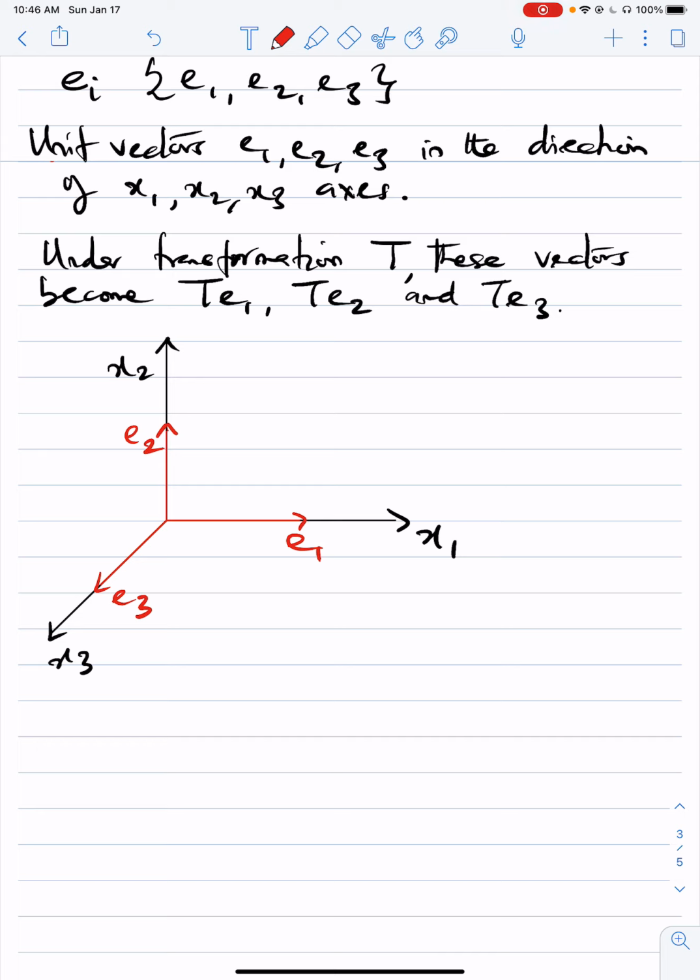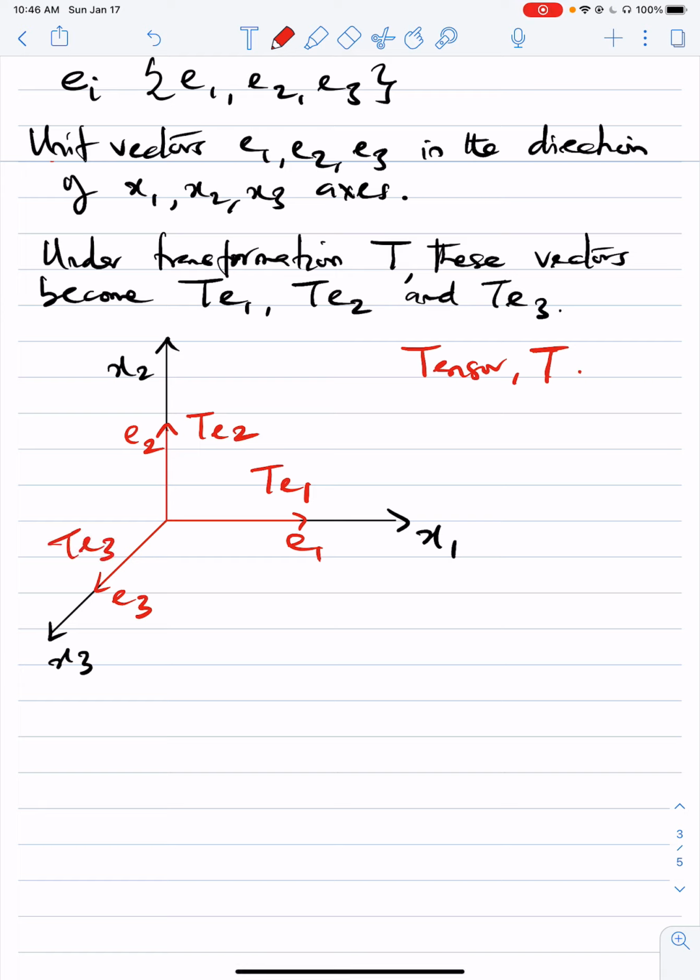So under transformation, if you have a tensor T, it's the same thing as a 3 by 3 matrix. This T will make e1, e2, e3 become TE1, TE2, and TE3.